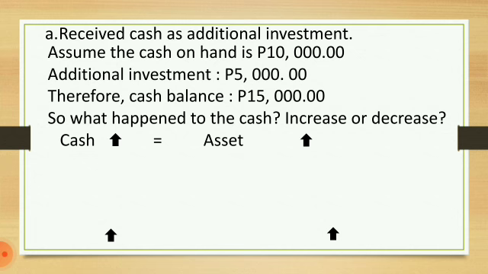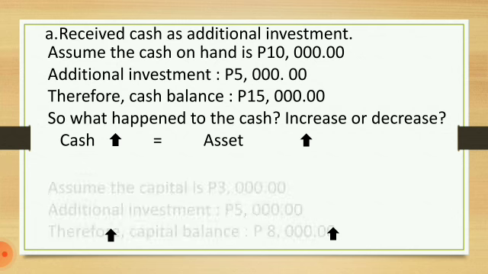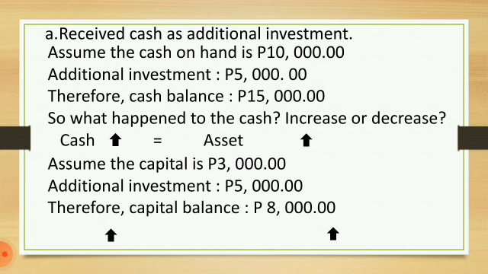Remember, additional investment or investment, that is capital. So let's assume that the capital is 3,000. That's the original balance. When the additional investment was made, which is 5,000, what happened to the capital? It became 8,000.